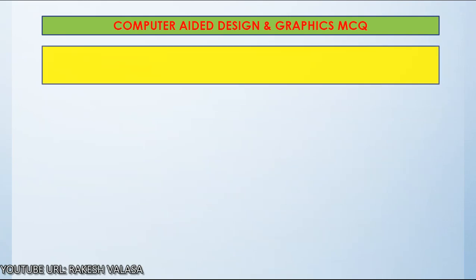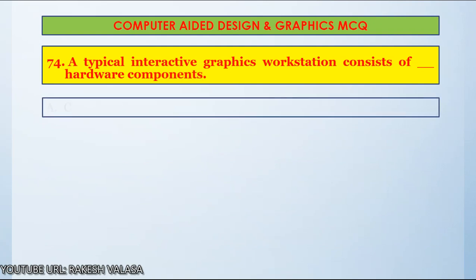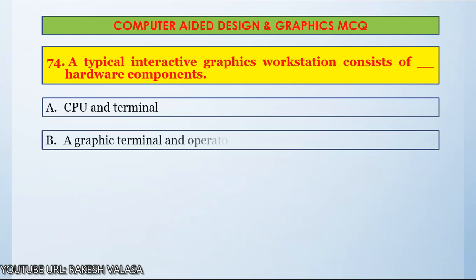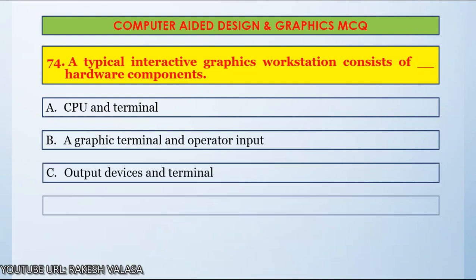Question number 74. A typical interactive graphics workstation consists of dash hardware components. Option A CPU and terminal. Option B a graphic terminal and operator input. Option C output devices and terminal. Option D all of these. Let us count down start.